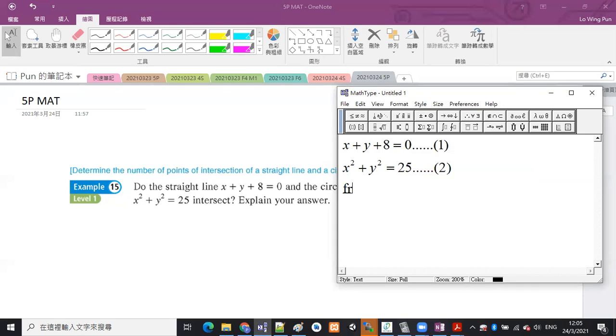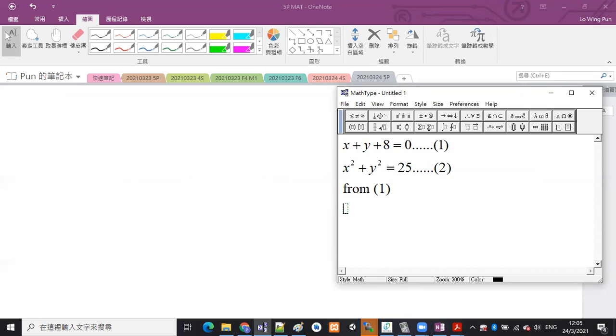Let us change the subject to y. y is equal to negative x minus 8. Can you follow? Just change the subject to y in terms of x, and then label this equation 3.